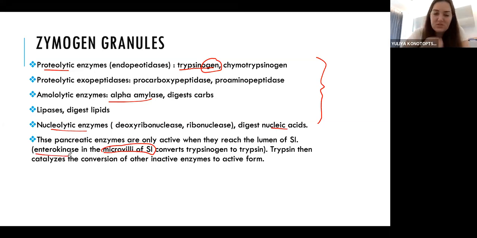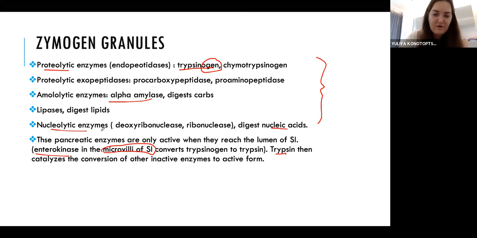Enterokinase will be converting your trypsinogen to trypsin, right? So in your intestines, you have enterocytes, the simple columnar cells. These enterocytes possess microvilli. In these microvilli, there is an enzyme called enterokinase. What does enterokinase do? It simply converts trypsinogen to trypsin. Once you have trypsin, trypsin will catalyze the conversion of all other enzymes.